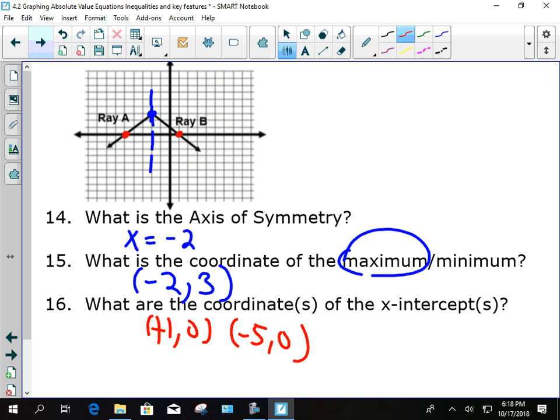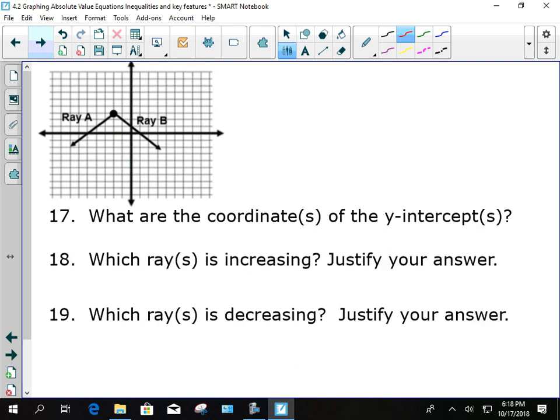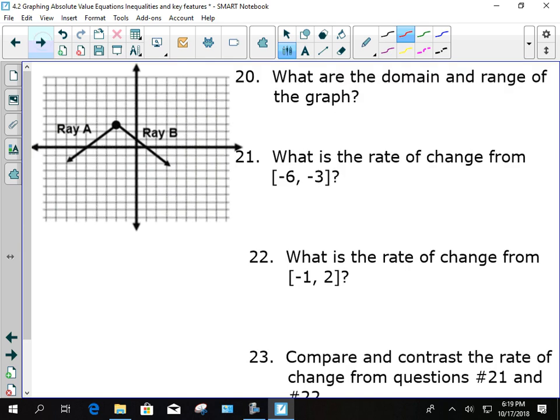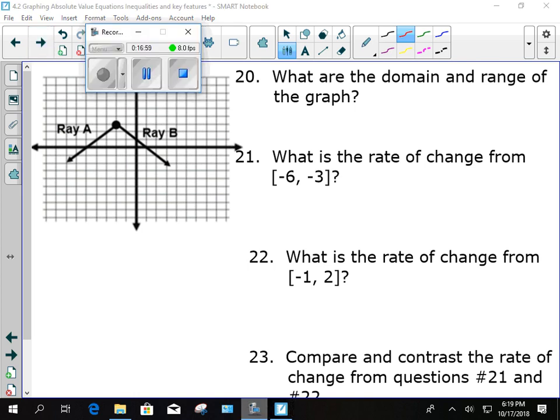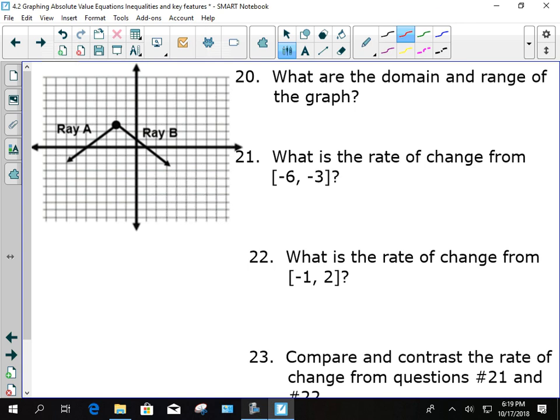Okay, we've already talked about all of these things in class. We're just kind of putting it together now. What's the domain and the range of the graph? We've already talked about this. Your domain is which? Your x or your y? That's right, your domain is your x.